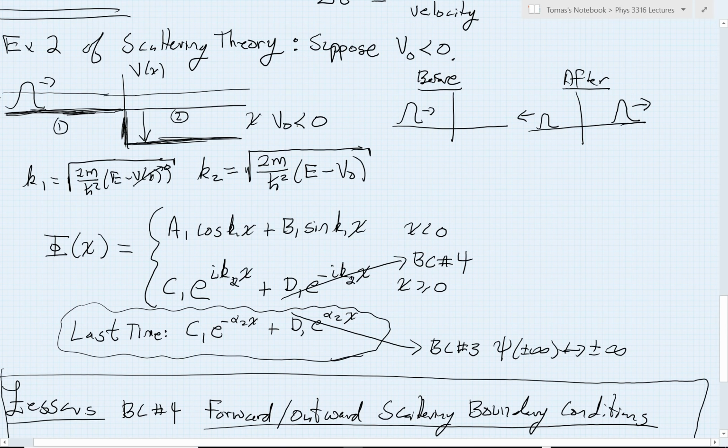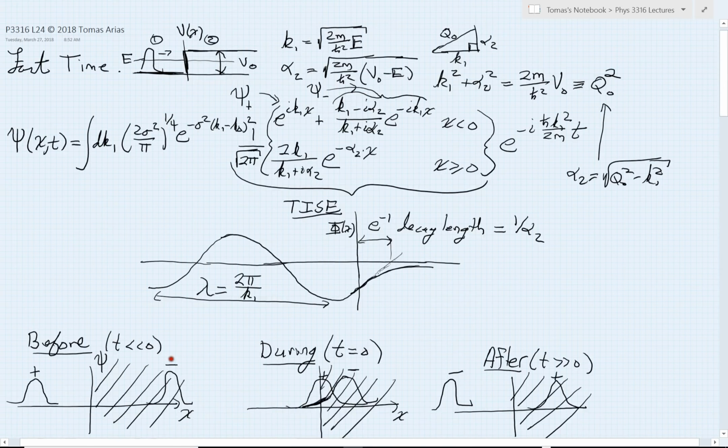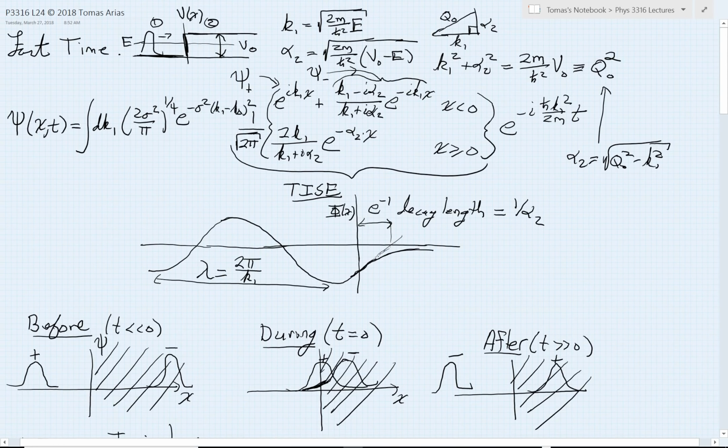It's just that V0 now is a negative number. So I should have just immediately taken my previous solution and just made V0 negative and then taken everything over from there. Now, at first, that might seem a little scary if you look at some of our algebra, right? Because if I replace V0 with a negative number, that would make Q0 squared a negative number, which at first sounds like you can't do it.